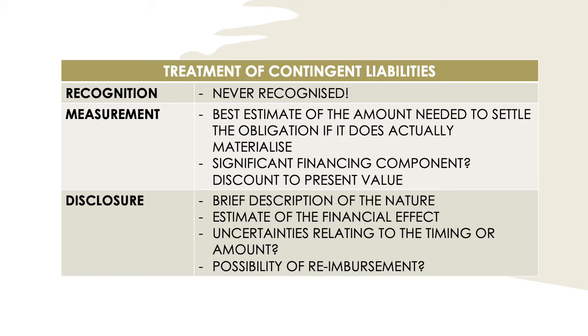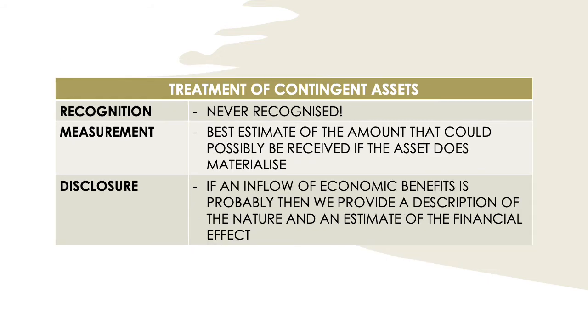Because remember, a contingent liability is not recognized in the financial statements simply because it's either a possible obligation, which means there's uncertainty about whether the obligation actually exists, or because it's an actual obligation, but there's uncertainty relating to the resources that need to be utilized or the amount of the obligation. And then if there is a significant financing component, then we need to discount the estimate to its present value.